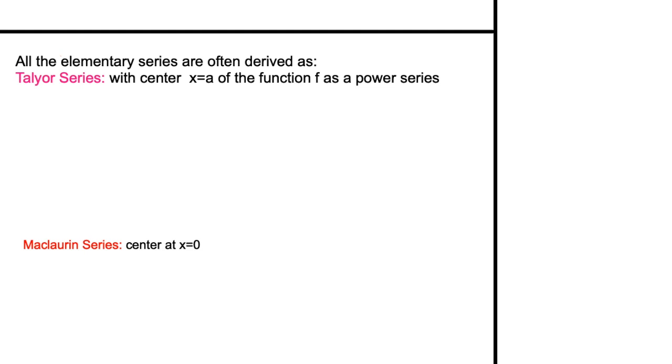Let us expand a function f of x in terms of the Taylor series. f of x is equal to the sum of f to the power n evaluated at x equal to a, divided by n factorial, into x minus a to the power n, and the summation runs from n equal to 0 to infinity.